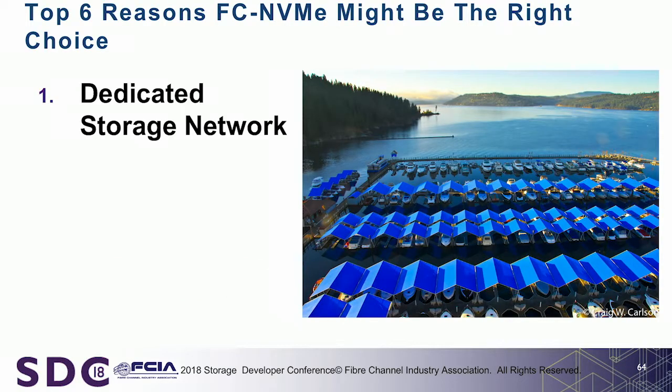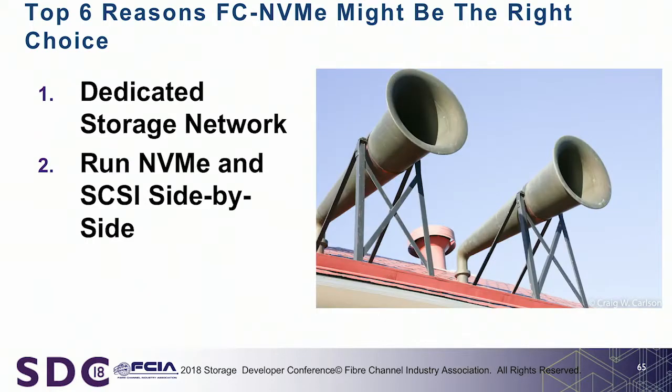So why do we want to use FC-NVMe? It's based on a dedicated storage network. Fibre Channel is not carrying other types of traffic. It's not going to be congested by somebody watching a YouTube movie or what have you. It's a dedicated network for storage. You can run NVMe and SCSI side by side on the same port.